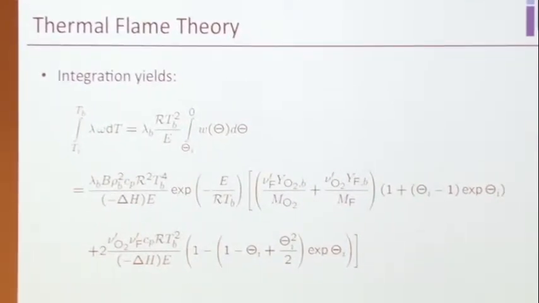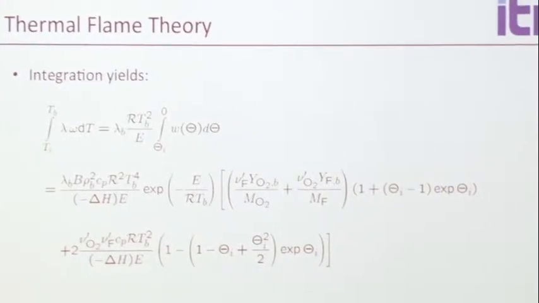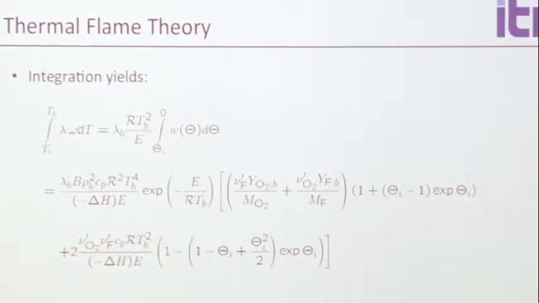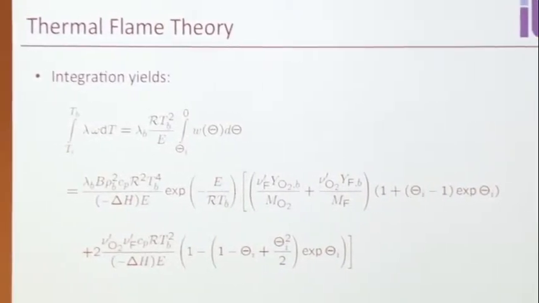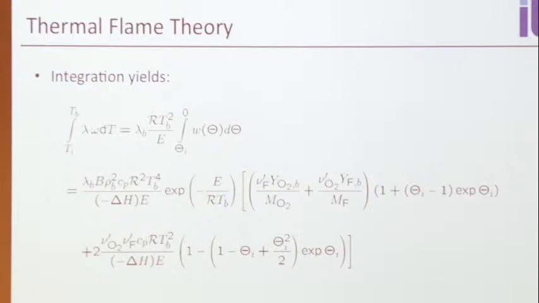So at least you can now analytically integrate this because of this expansion. It still doesn't look very nice, but it's an analytic solution, okay? So now we have an analytic solution, but we also want it to look nice. We want it to be simple so that we can understand what's going on.